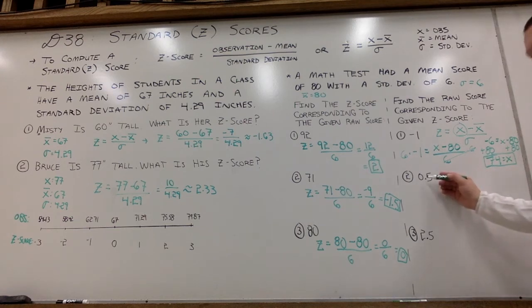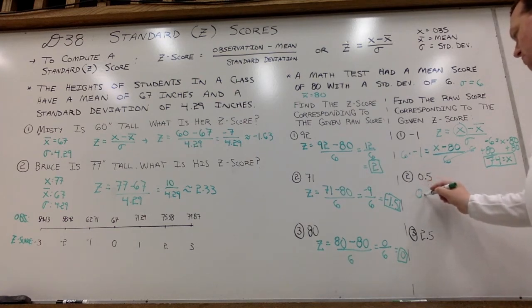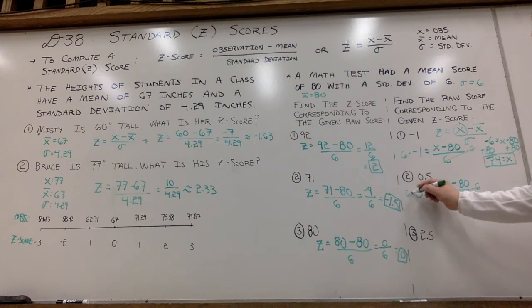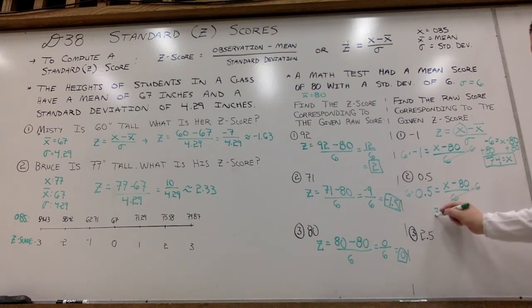All right. Here we have a z-score of positive 0.5. So z, 0.5 equals my observation, which I don't know, minus the mean of 80 divided by standard deviation of 6. Same process, we'll get rid of the fraction bar, multiplying both sides by 6. 6 times a half is 3, so I'll have 3 equals x minus 80.